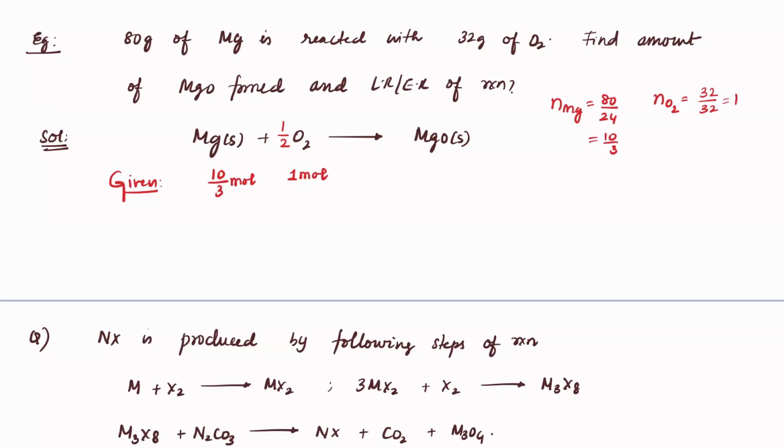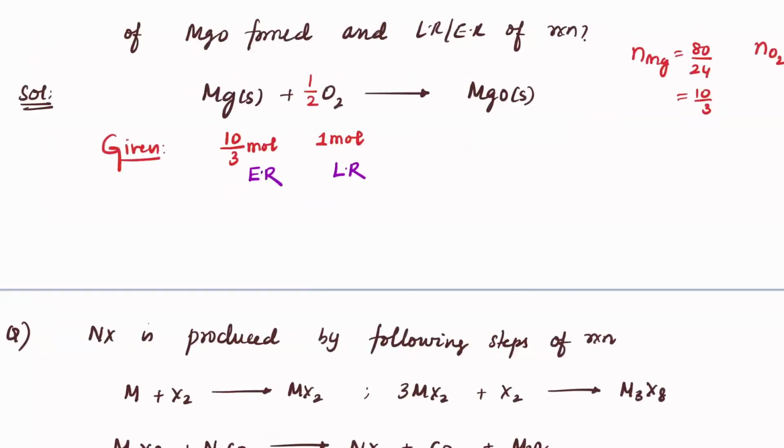Since the quantity given is less here, O2 will become the limiting reagent. If O2 becomes the limiting reagent, the magnesium will become the excess reagent. Now the entire reaction is driven only on the basis of oxygen and not on the basis of magnesium.